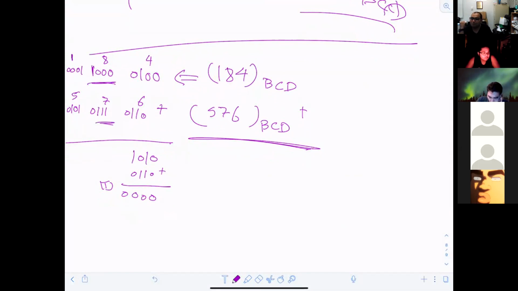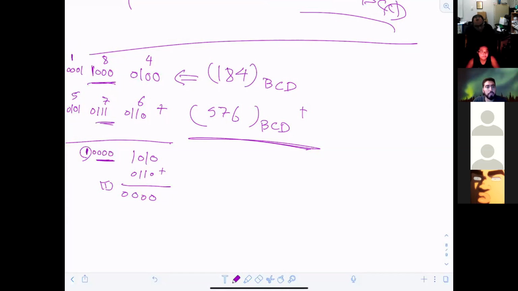Do you agree with me? So in that case, it's going to be 16. Everybody agrees with me? Yes.